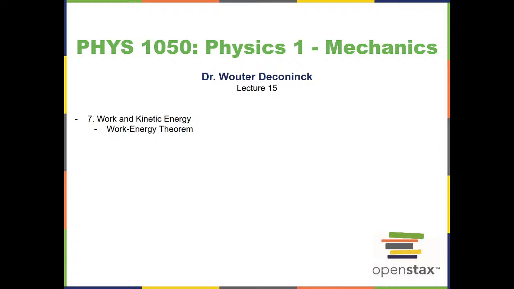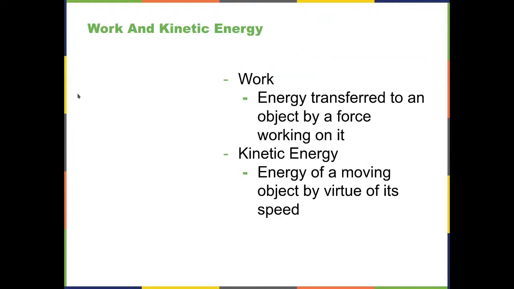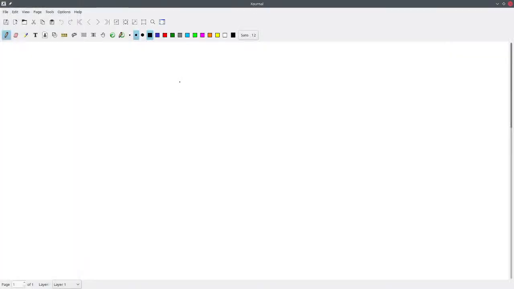So we're going to talk today about the remainder of chapter 7 about work and kinetic energy. And just as a reminder, work is the energy transferred to an object by a force working on it. And if you recall, as we defined, work W for a constant force is force times displacement, as a vector product, a dot product between two vectors.